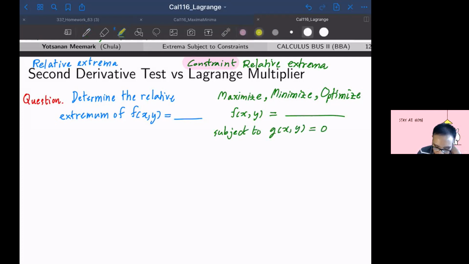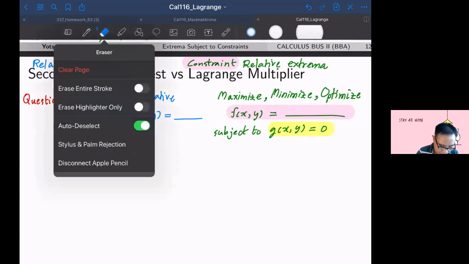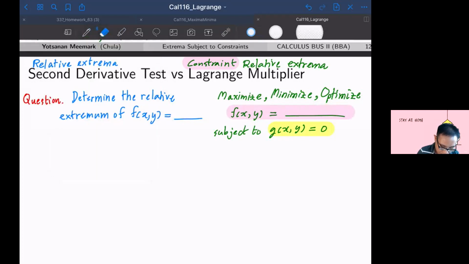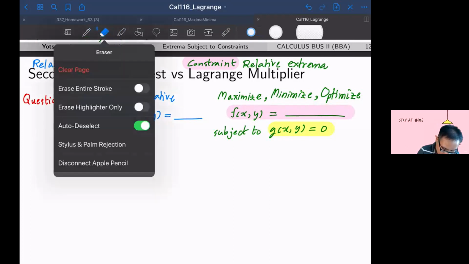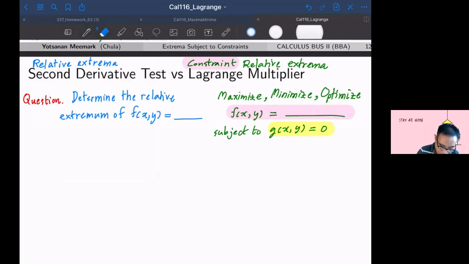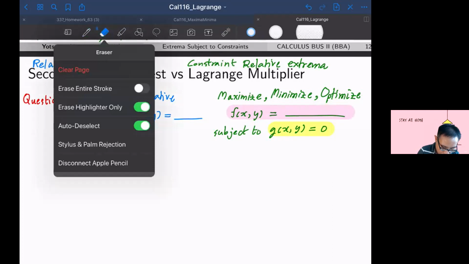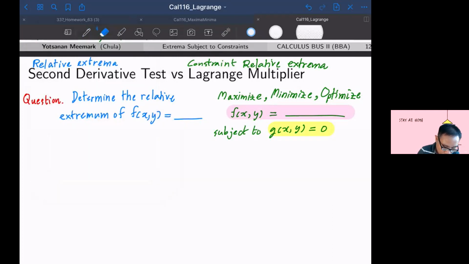So this is the yellow constraint that we usually have. Okay, so let me erase this a little bit. So for constraint, we usually use the yellow one, right? So that's what it's gonna be.